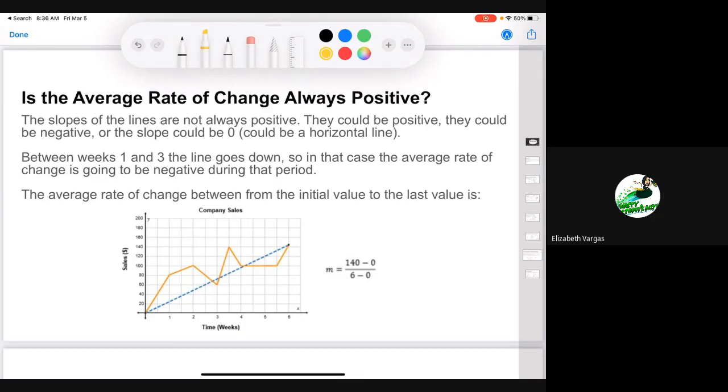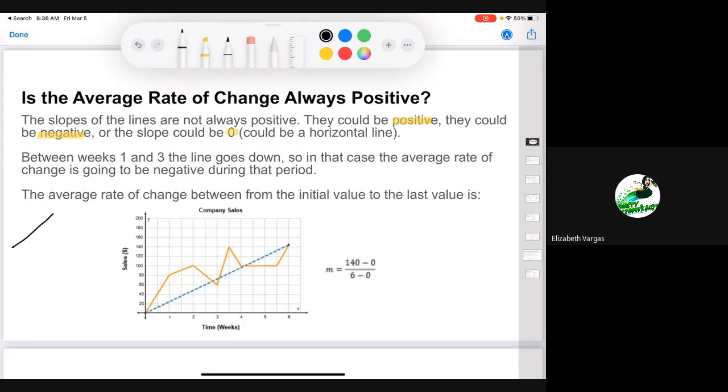The average rate of change between the initial value to the last value is, and we can go ahead and identify that. So basically, we have different types of rate of change. We have positive, we have negative, and we have what is known as zero. More often than not, if we are looking at them on a graph, they're going to be identified by the way that they move.